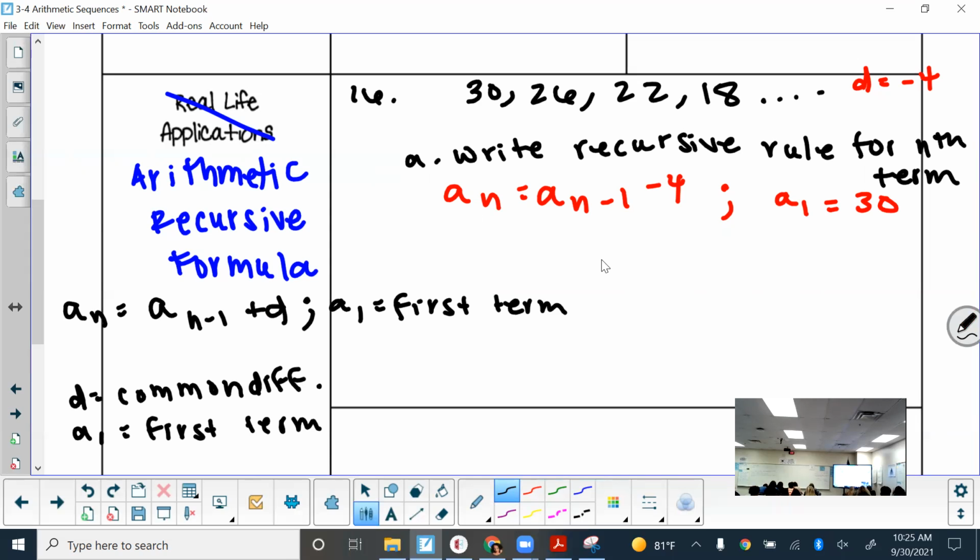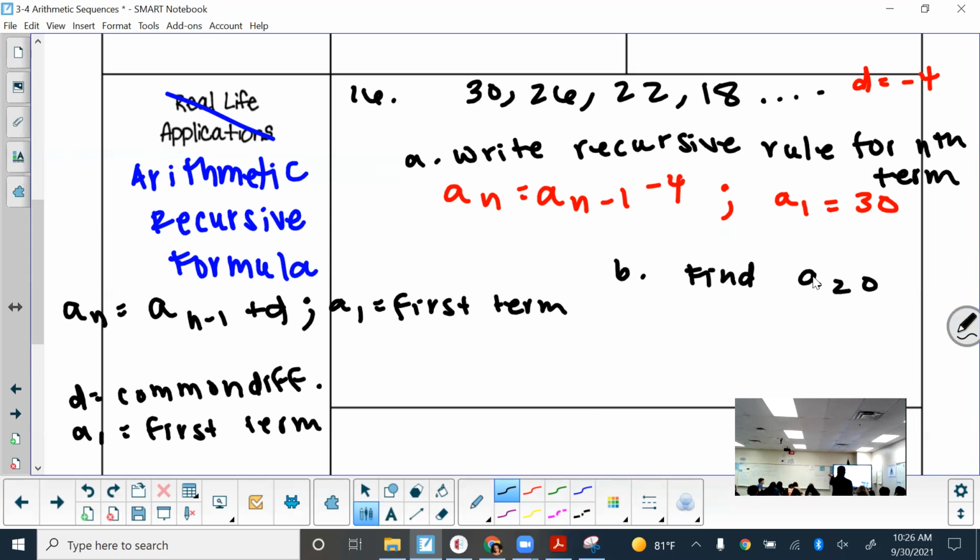Now part B can be find a sub 20. All right, so what does a sub 20 mean? What term is that? It would be your 20th term.